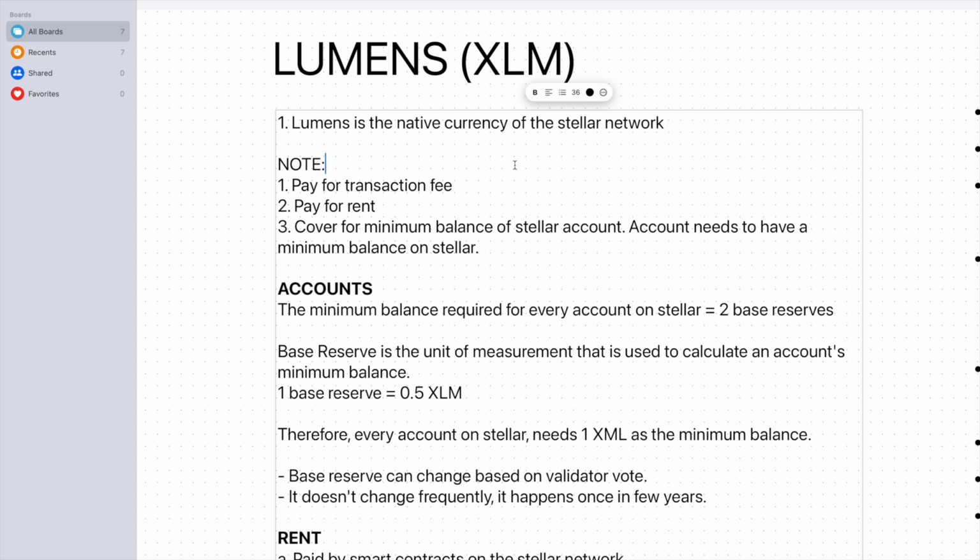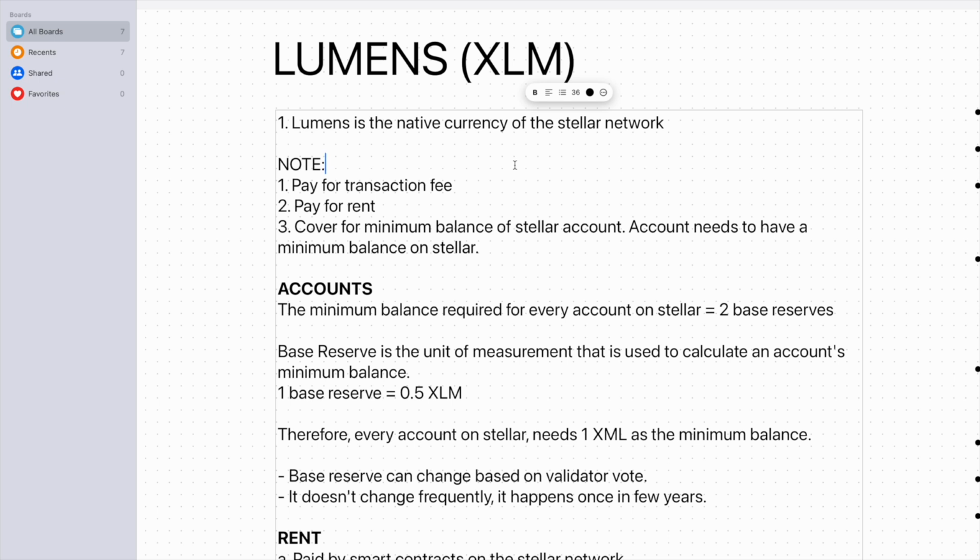Use it to cover the balance for any requirement on the network, any action you perform on the network. Use it also for smart contract transactions. Any transaction you perform, you use the lumens. So basically, what you need to know is that it's the currency of the Stellar network, and it is the currency used across the board in the Stellar network.